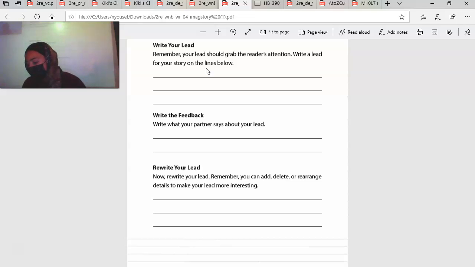So I'm going to reread them real fast. Here's an example. I grabbed some toast, threw a kiss to my mom, and dashed out of the kitchen, slamming the door behind me. Wow, that's a lot of action in one sentence. I ran as fast as my legs could move and bounced up my treehouse ladder. He bounced, he ran, right? A lot of action. That's a good leading sentence.